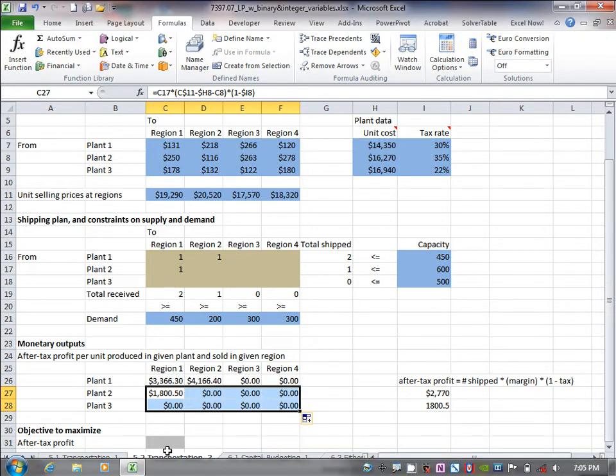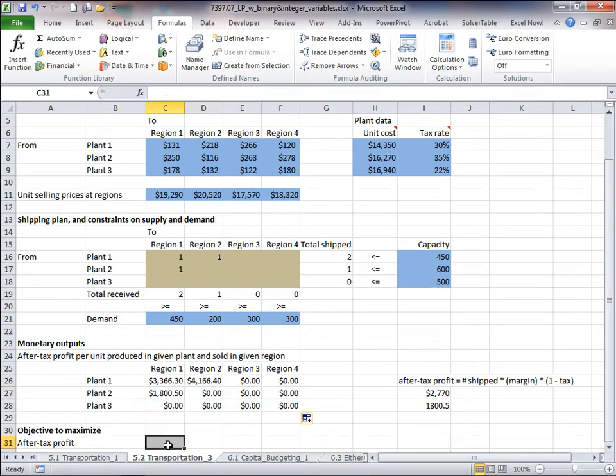Okay. Now, how do I get the after-tax profit? Sum. Do I have to do 4 sums? No. Excel's smart enough to understand that if I say sum and then give it a table, it'll pick up all the values in that table.